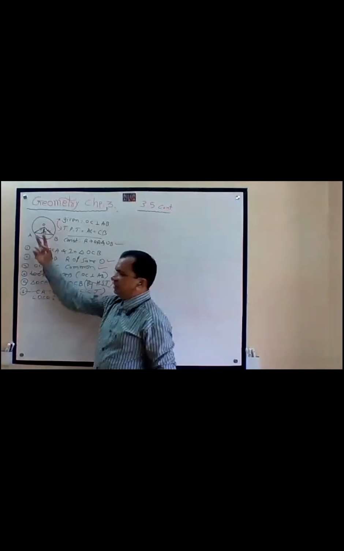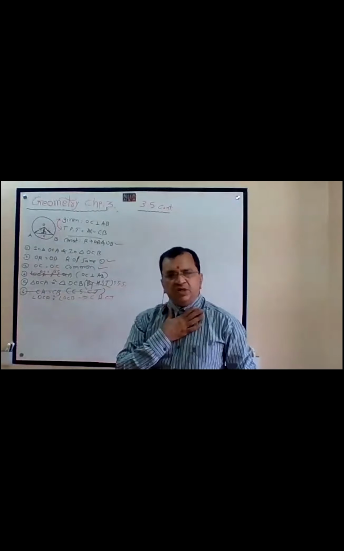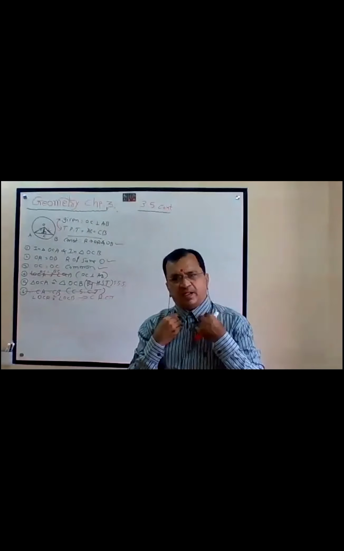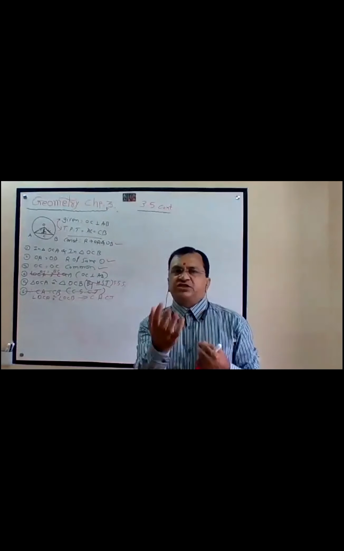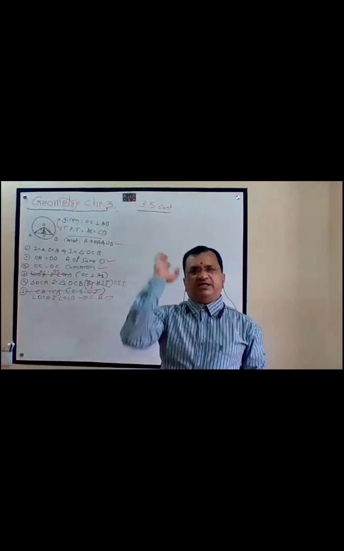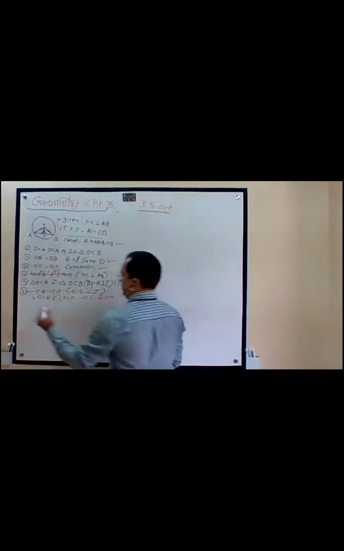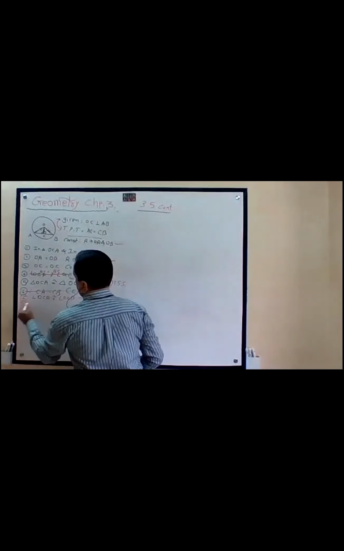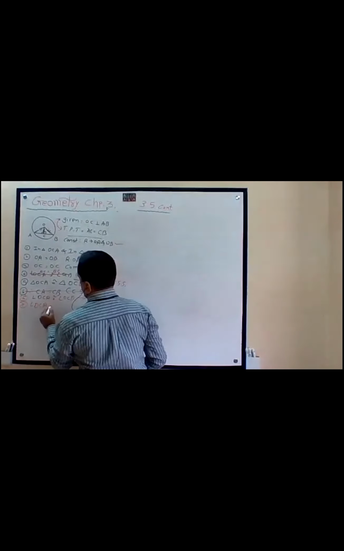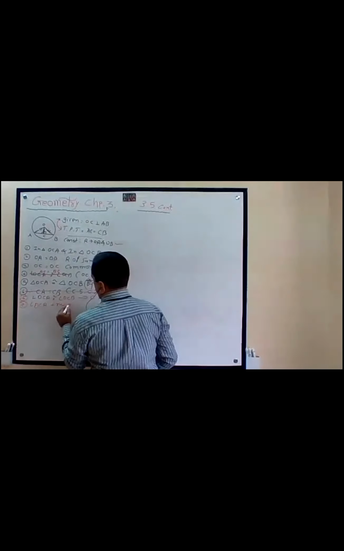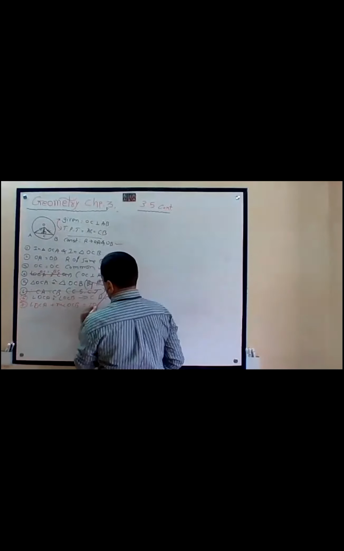If both are equal and the sum of those two equal angles is 180, then both are 90 each. For example, angle OCA plus angle OCB is equal to 180.